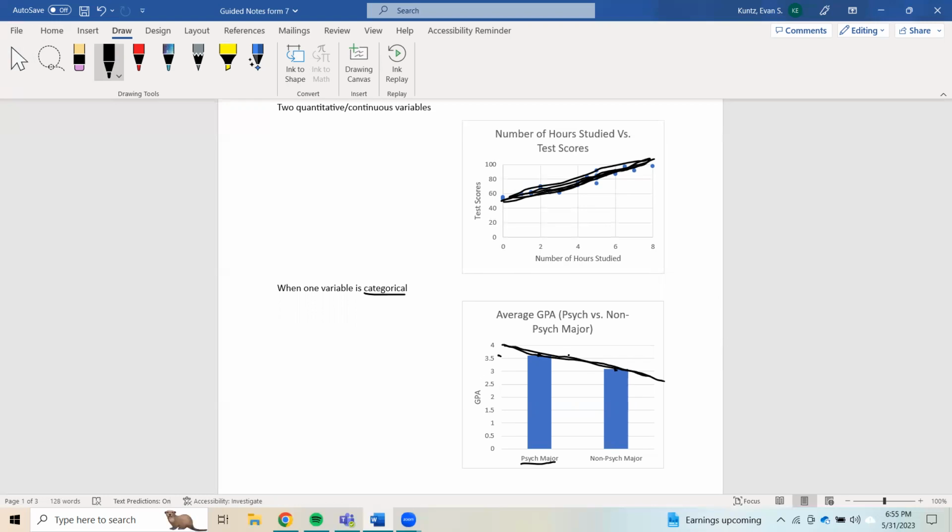The reason is that you could take psych major, this group right here in the categorical variable, and put it in place of the non-psych major, and the non-psych major in place of psych major. In the new graph, where non-psych majors are on this side, their mean would be here, and then for psych majors, their mean would be here, and you could draw a line between those. It doesn't matter the order the two categories are in. What matters here is ultimately just the strength of the relationship between the two categories, which we will dive into in the next video.